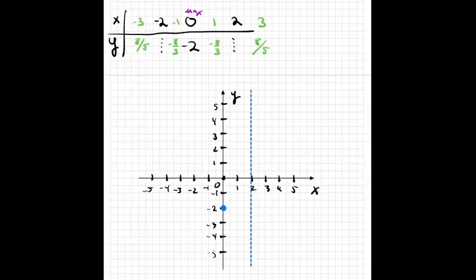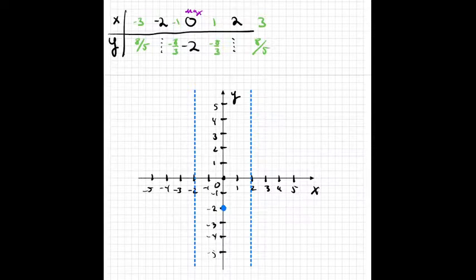A bit bigger. This one. Okay, let's copy this. Paste. Okay. So we have vertical asymptotes at plus or minus 2.